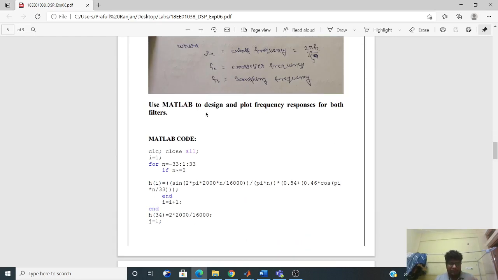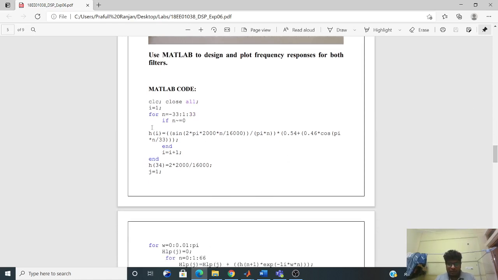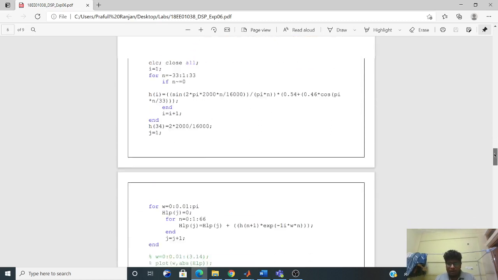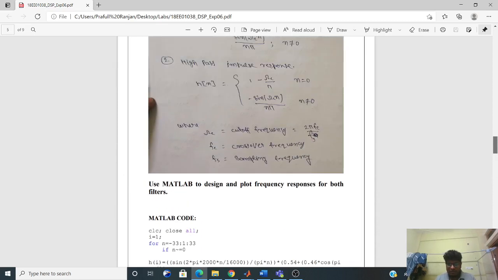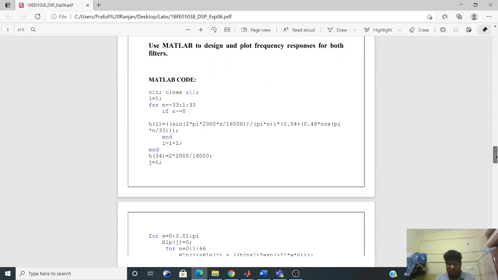Now we have to use MATLAB to design and plot the frequency response of both filters. First is h of n, for which I have written the equation for the low pass filter.